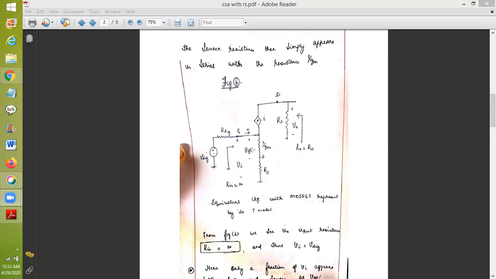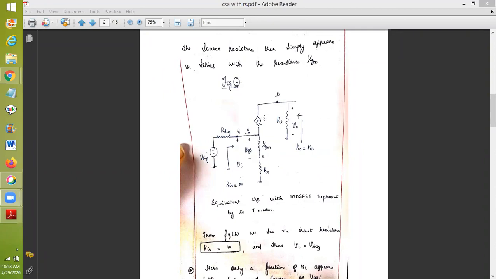Sahana? Which part of the circuitry is represented by T model? Prajwal? Only the MOSFET part is represented by T model.